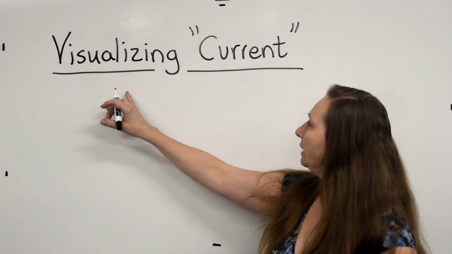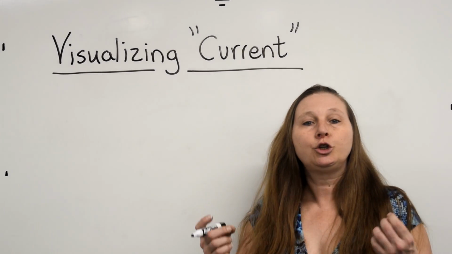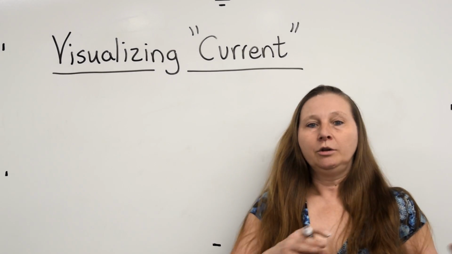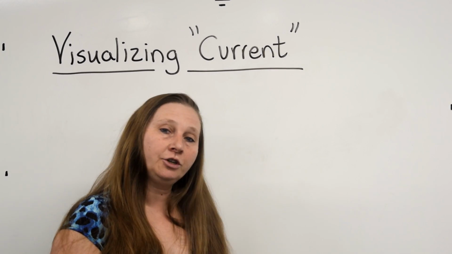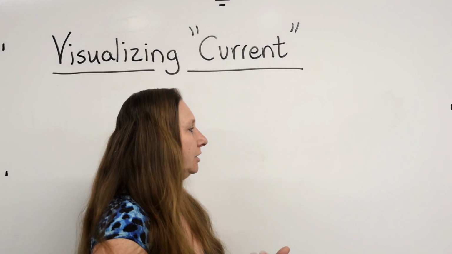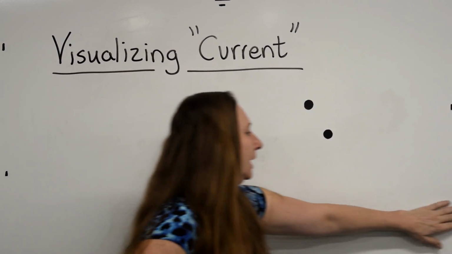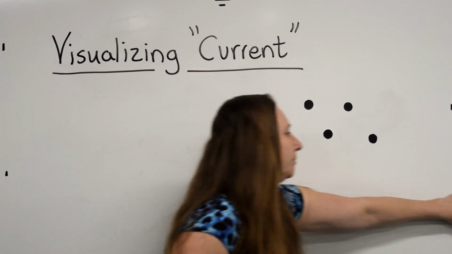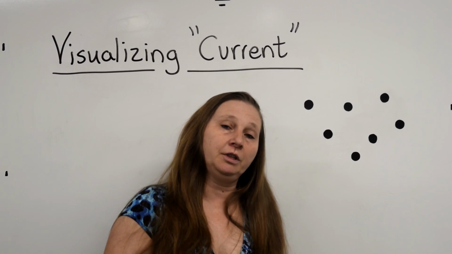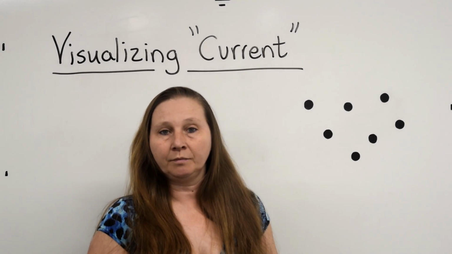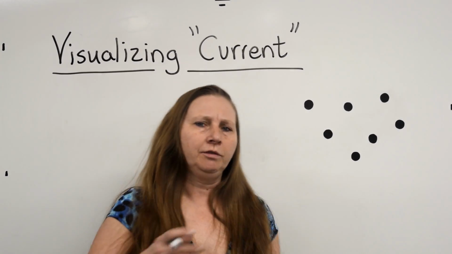So it would be very difficult to have a picture of charge flowing through a wire. But on the other hand, since charge is being carried by electrons, it's very easy to picture electrons. We might picture electrons as little dots. Okay, so here's some electrons. So we can easily picture the electrons flowing through the wire, whereas it's not quite as easy to picture charge flowing through the wire.